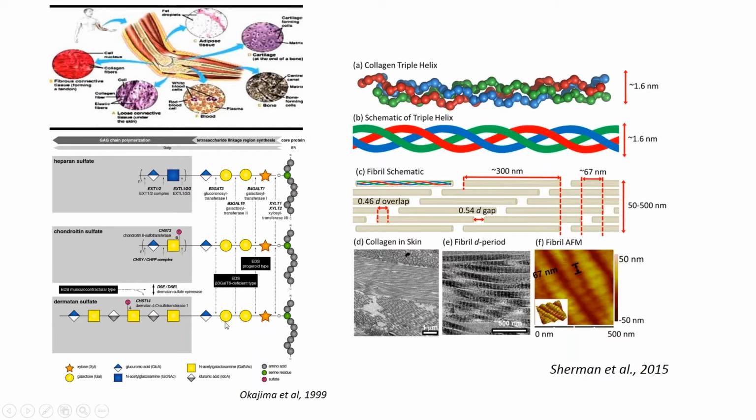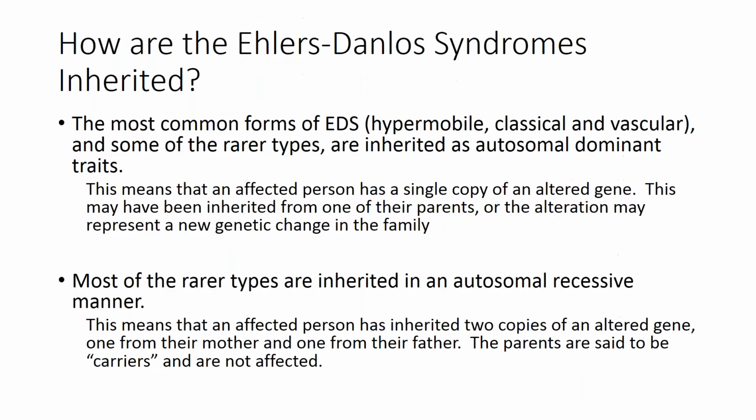And you can see there are different chains, different sugars that make up each of these glycosaminoglycan chain polymers. So that's a brief introduction to the molecules that make up our connective tissue.